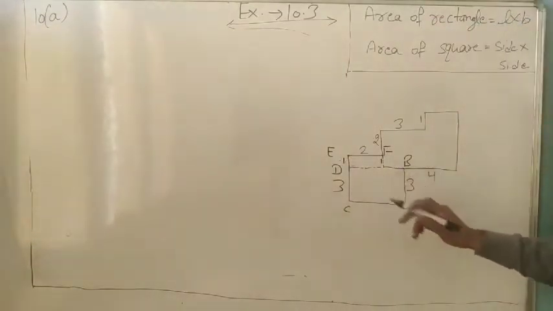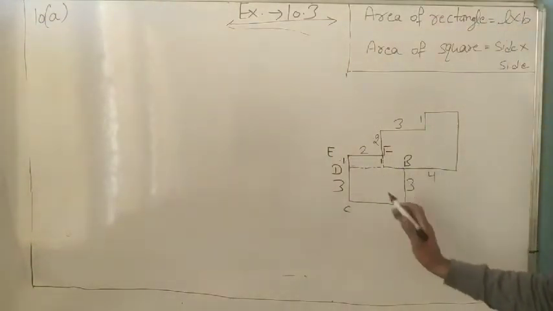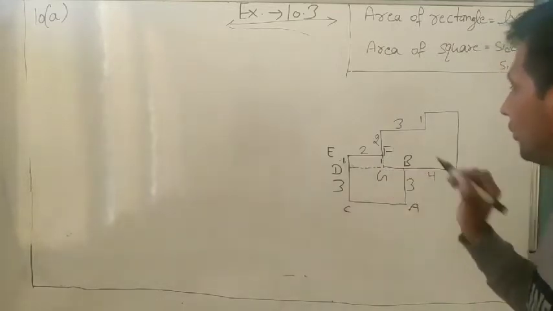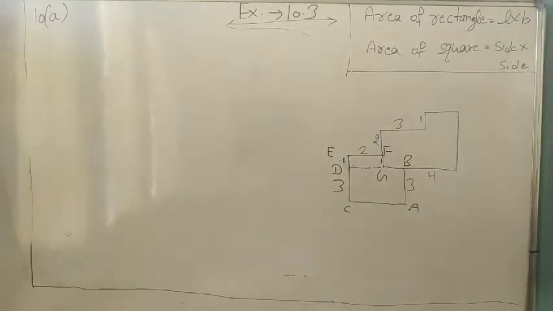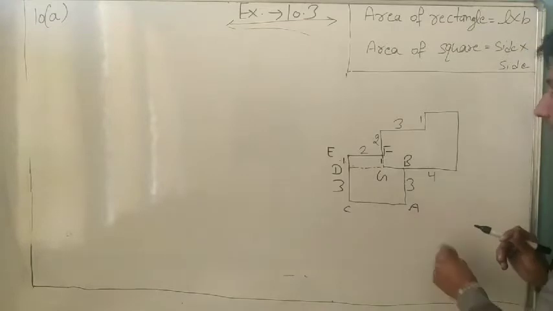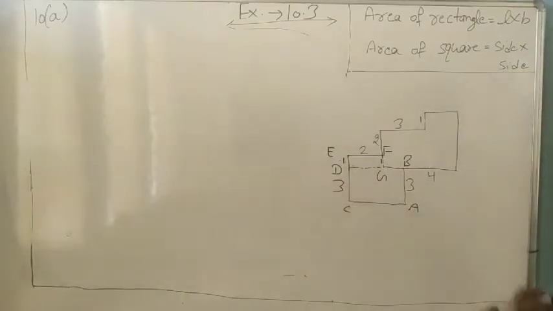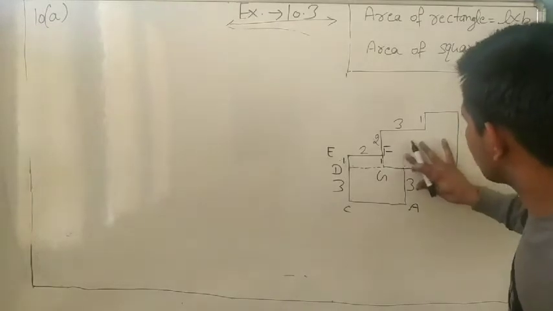Its names you can say A, B, C, D, E, F, and G you can give. And tell me how much AC is, we will find. It is 3, it is 3. Suppose we join like this.